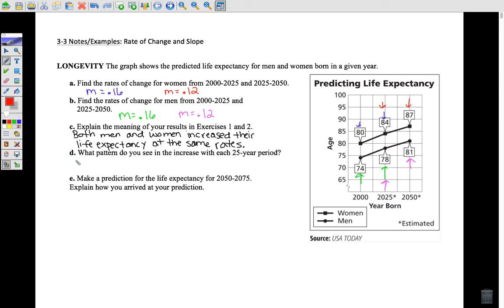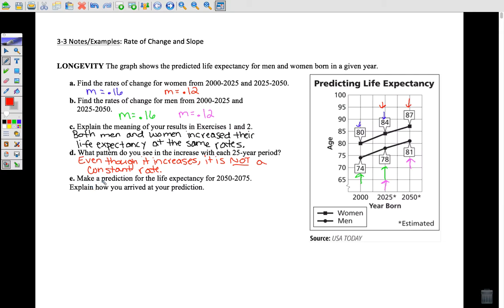So our pattern is that even though it increases, it is not a constant rate. Okay, if it was a constant rate, both men and women would increase by 0.16 the entire time.